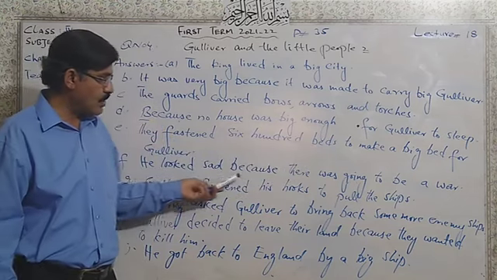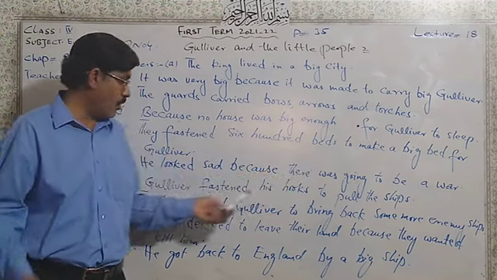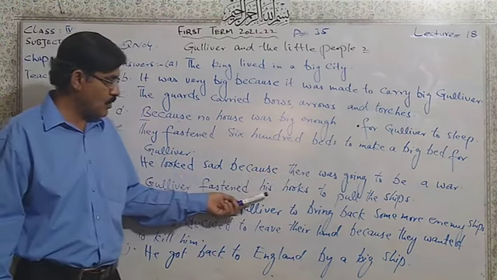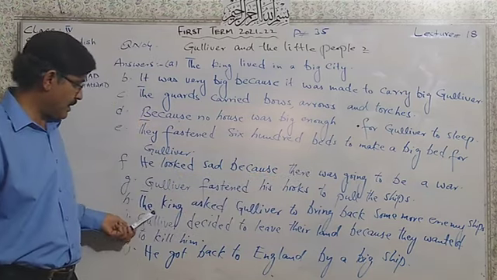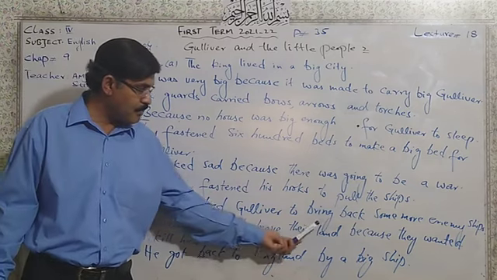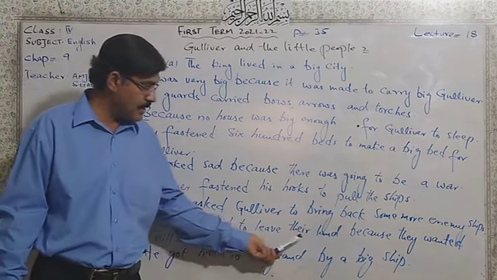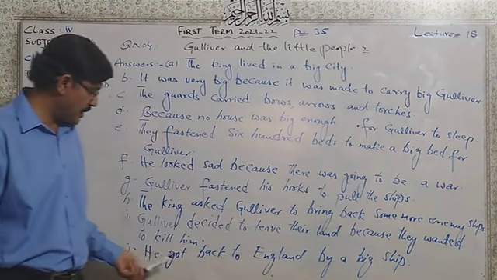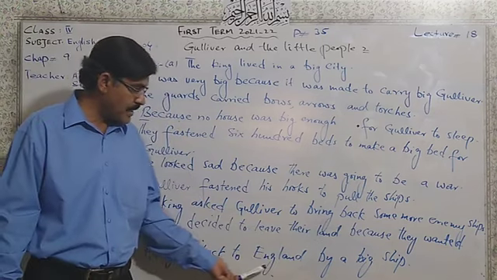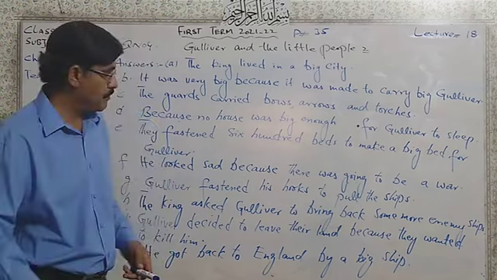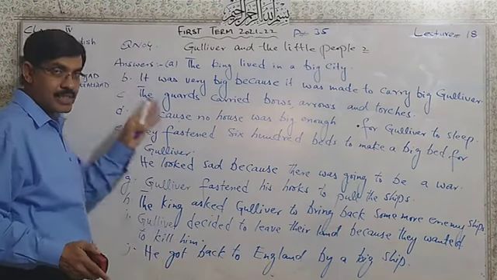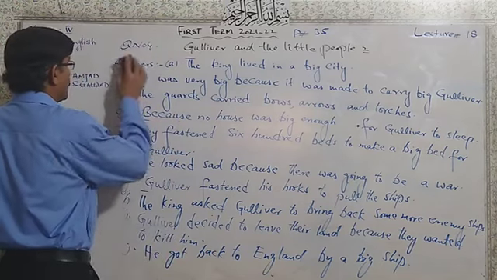He looked sad because there was going to be a war. Gulliver fastened his hooks to pull the ships, and the king asked Gulliver to bring back some more enemy ships. Gulliver decided to leave their land because they wanted to kill him. He got back to England by a big ship. You have to write question and answer on your notebook.